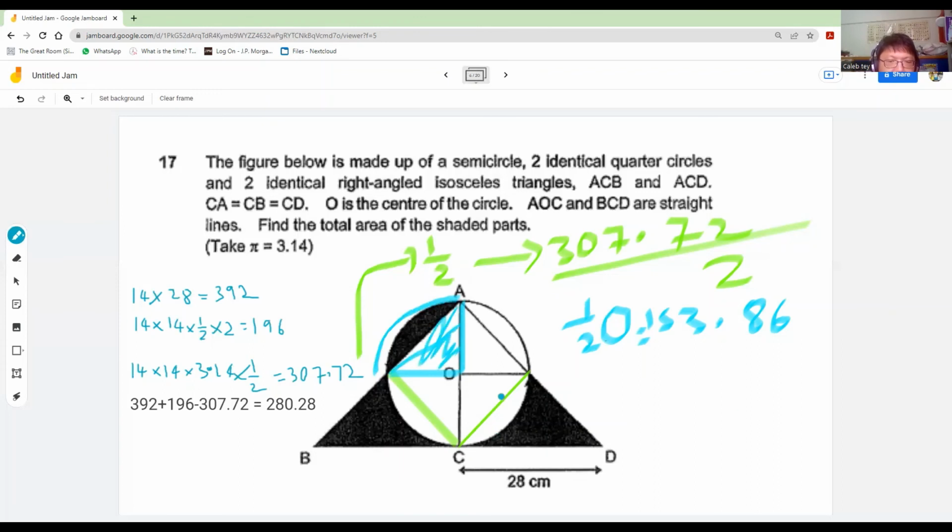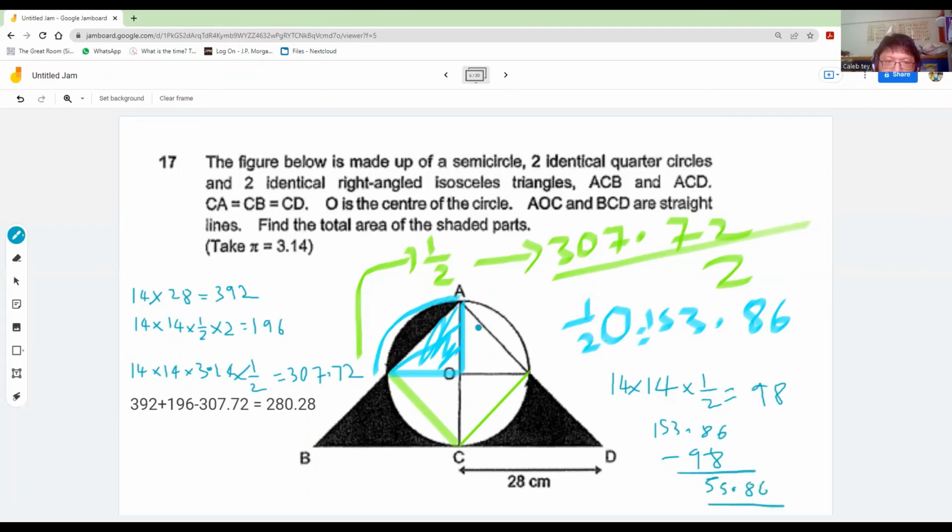So how to remove the triangle? The height of the triangle is 14, the width is 14. 14 times 14 times half is 98. So to find the difference, 153.86 minus 98 is 55.86.